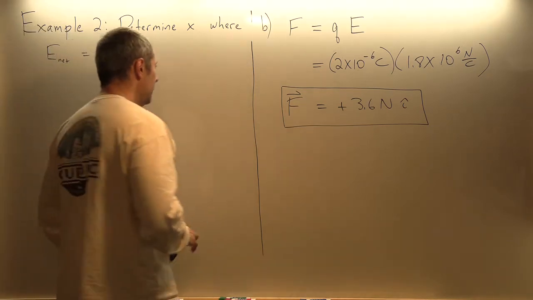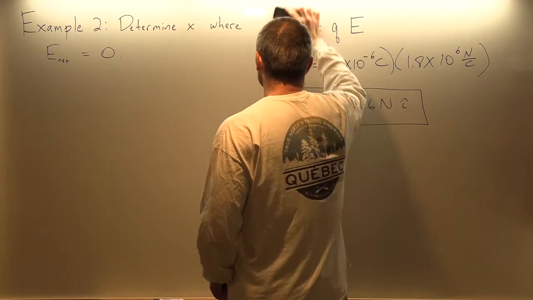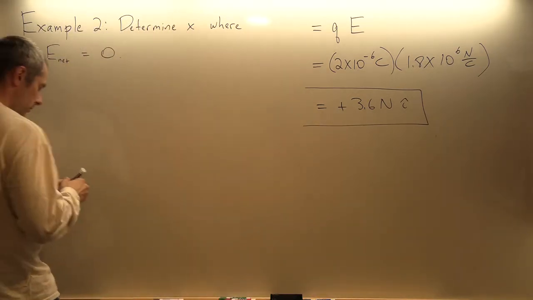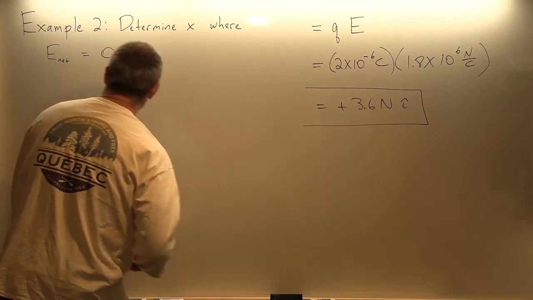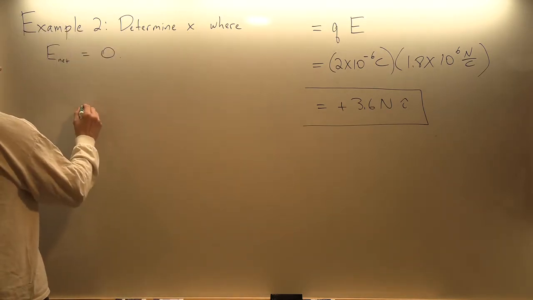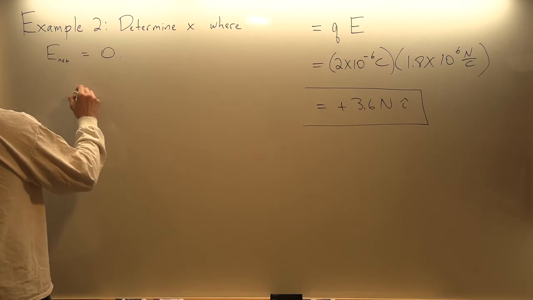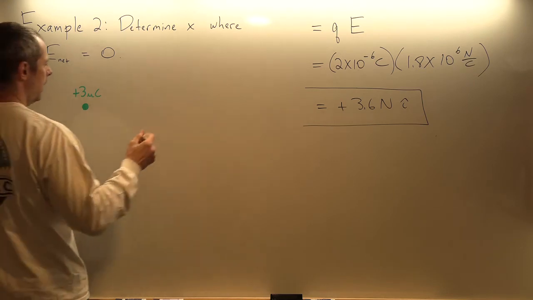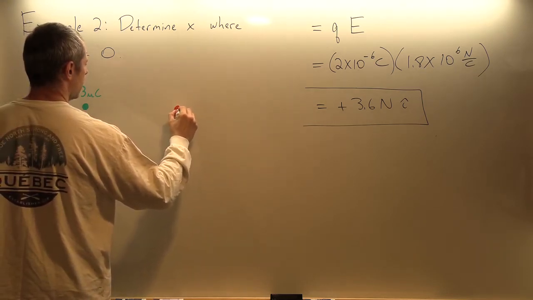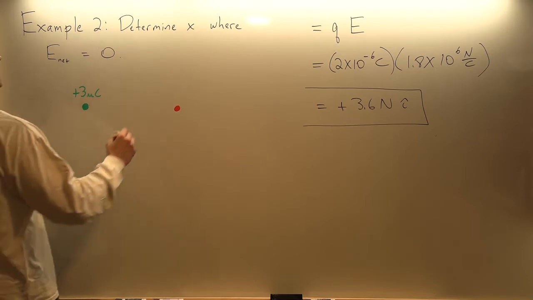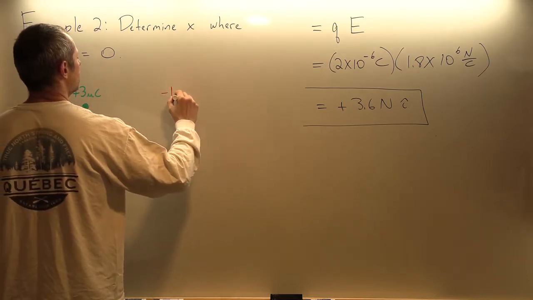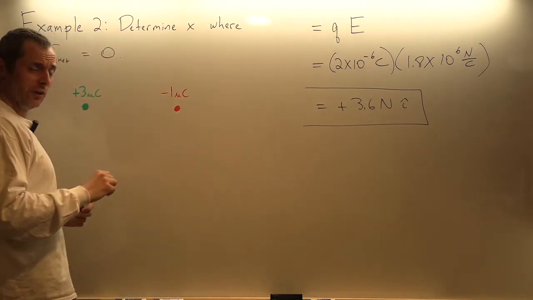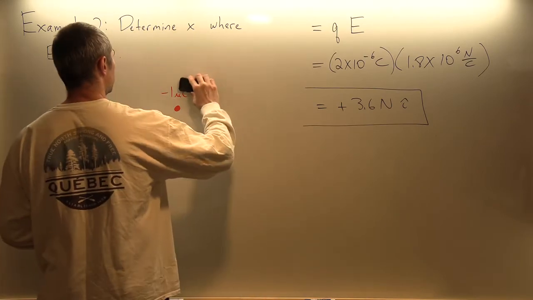Alright, so we're determining the location where the net electric field is 0, and it's almost the same charge situation that we had before. We have a plus 3 microcoulombs here and, you know what, I decided I'm going to switch to all symbols.